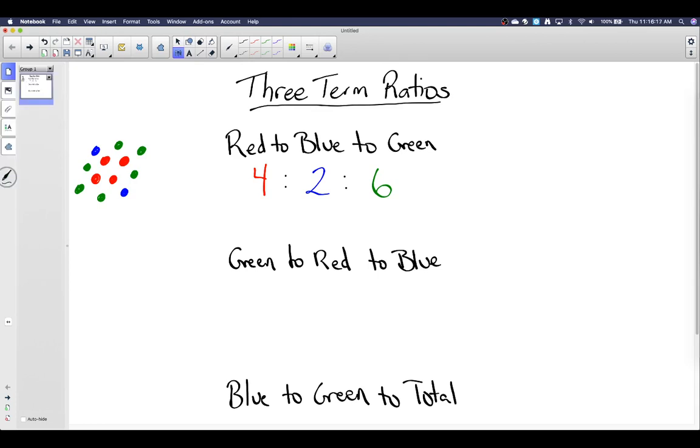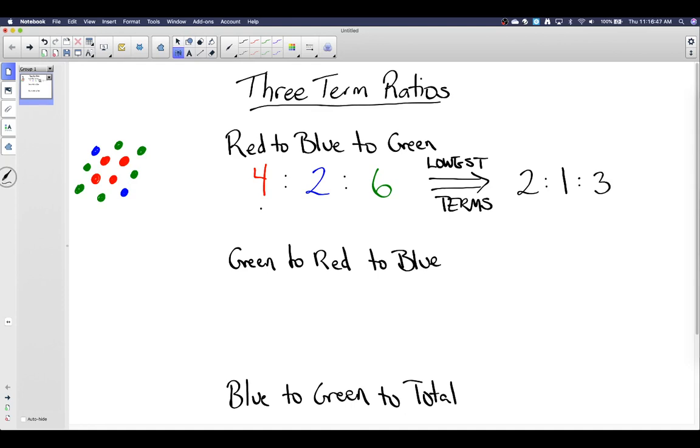Now, that ratio 4 to 2 to 6, I can put that ratio into lowest terms. They all have a common factor. This is the easy common factor to spot. They all have a common factor of 2. So every term in that ratio can be divided by 2. So if I was to put it in lowest terms, 4 divided by 2 gives me 2, 2 divided by 2 gives me 1, and 6 divided by 2 gives me 3.